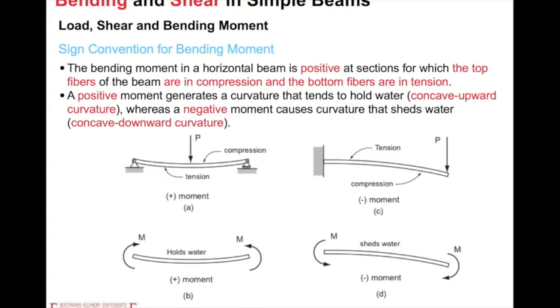This shows up as a concave downward curvature, which can shed the water, flowing downwards. So we define this shape as a negative moment. Okay, so this is just a definition of what is positive and negative. So let's look at this as our following calculation setting.